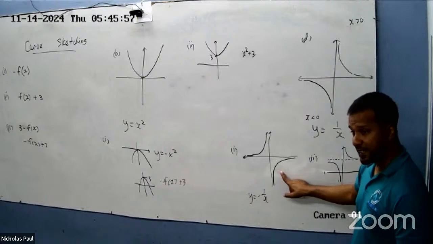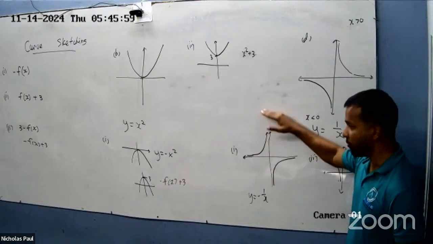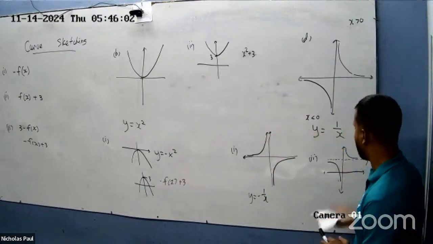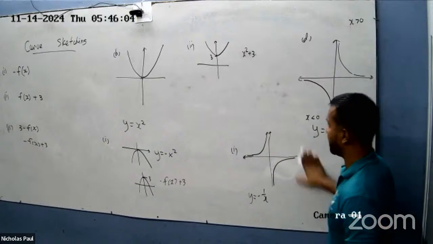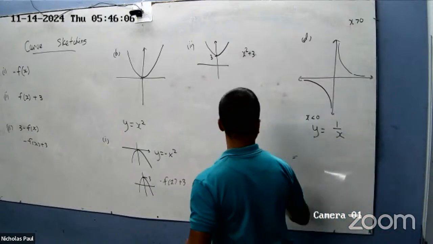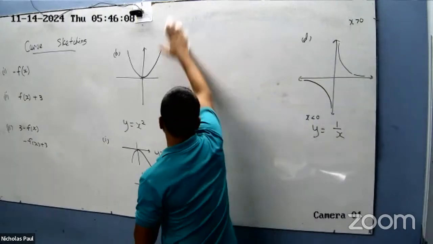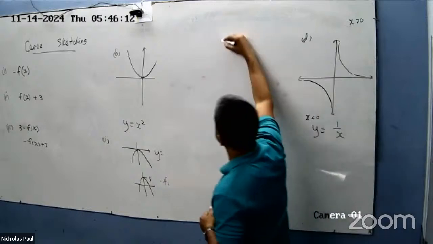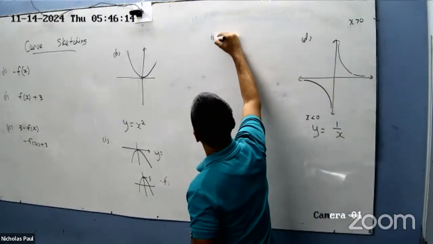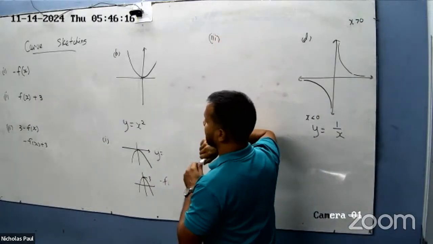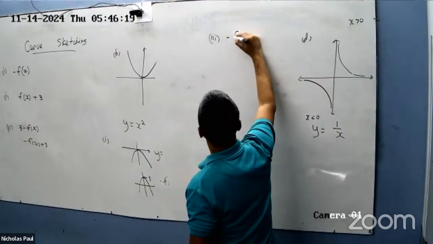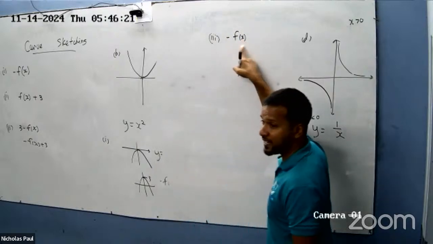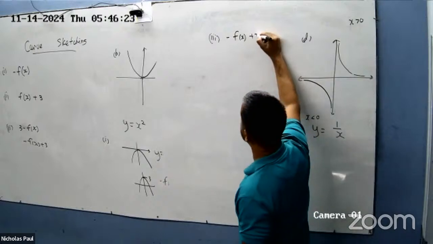So reflecting in the x-axis here, and now I can move this whole thing up 3. All right? So for those who are lost, let me just do it together in one for you, right? Watch this here. The question said in part 3, minus f of x, I'm reflecting in the x-axis, then I'm going to add 3 to it.